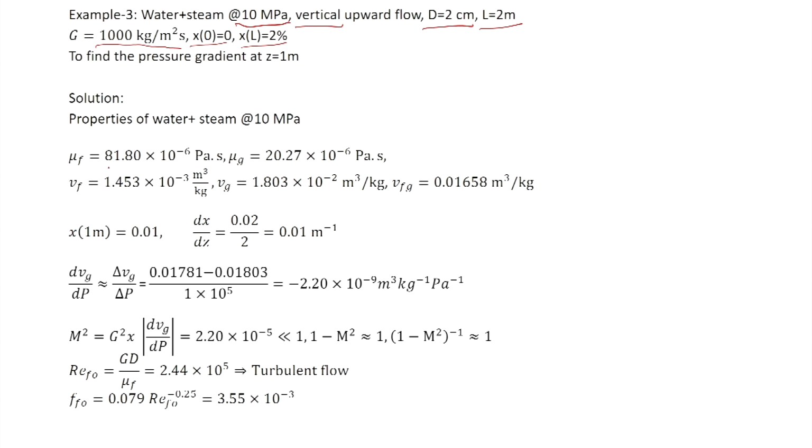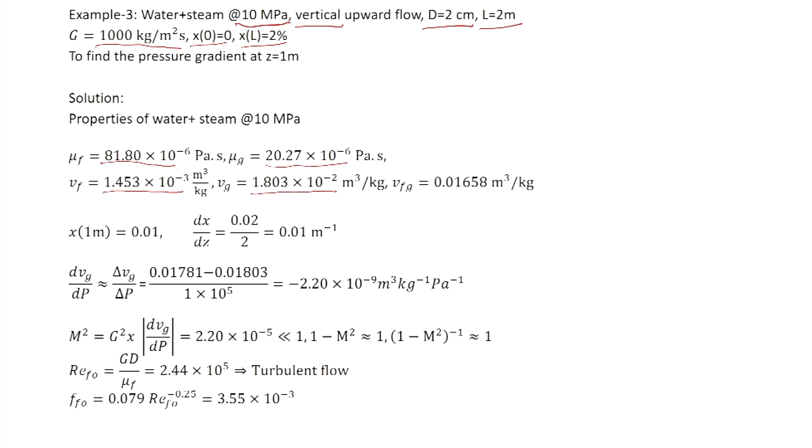Mu f is 81.80 into 10 raised to minus 6 Pascal second, mu g is 20.27 into 10 raised to minus 6 Pascal second, V f is equal to 1.453 into 10 raised to minus 3 meter cube per kg, V g is equal to 1.803 into 10 raised to minus 2 meter cube per kg.